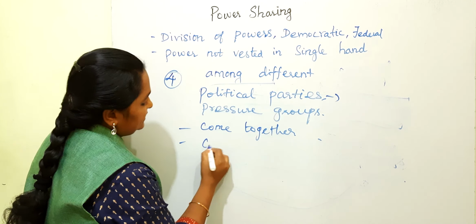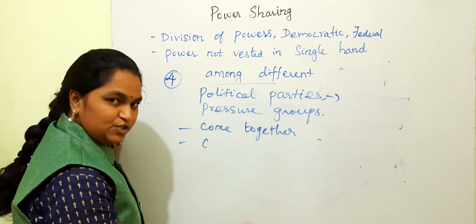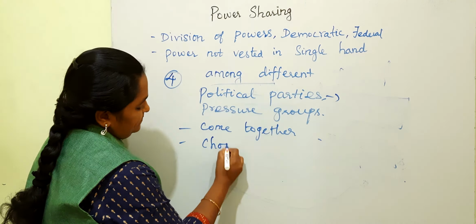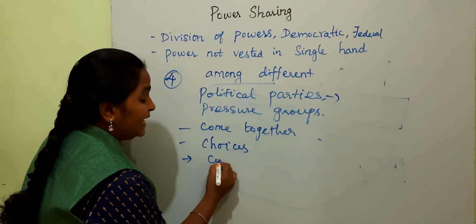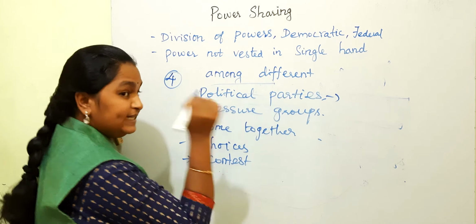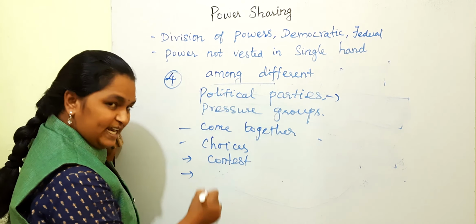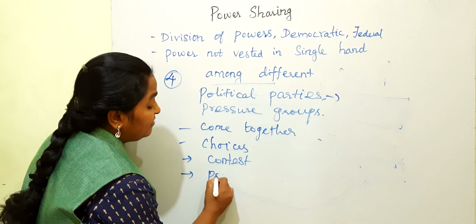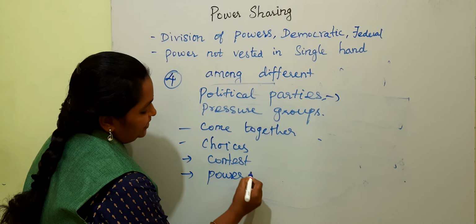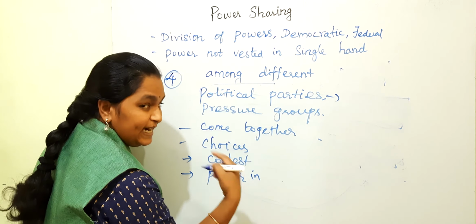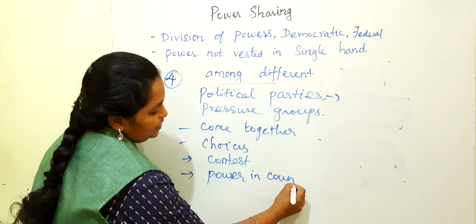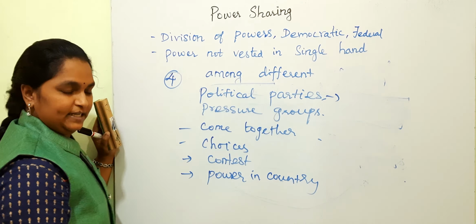Next, they give different choices to the people. Third, they contest in elections. And finally, they seek power in the country to rule and administer it. So this is a political party.